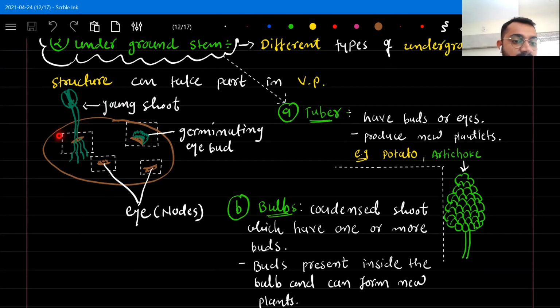This is how the buds of the potato look. If you cut the portion of that potato with that bud and plant it into the soil, it will give rise to a new plant.